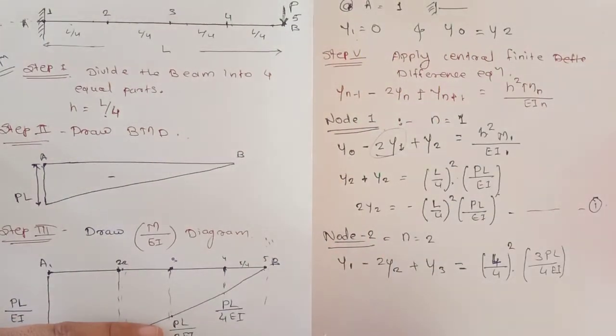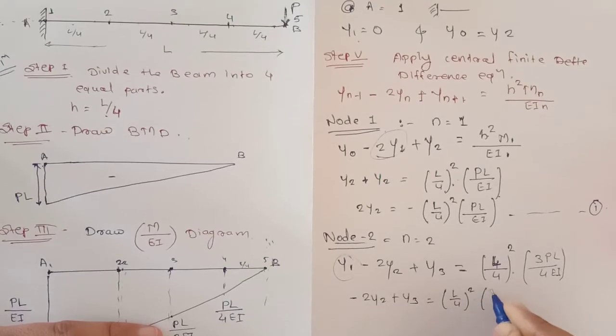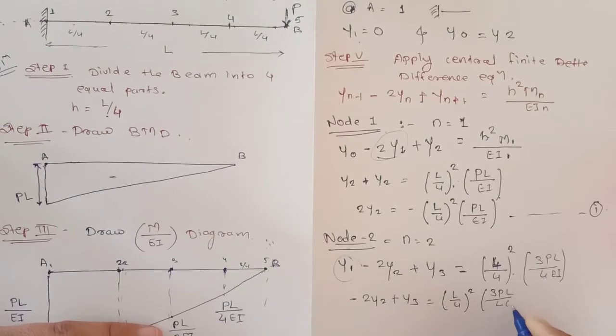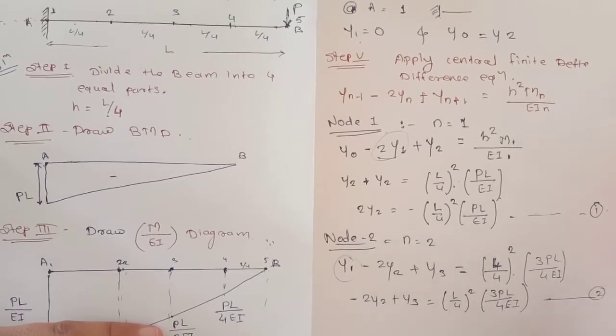So that's why this whole term is equal to 0. So the remaining equation is minus 2y2 plus y3 is equal to L by 4 square into 3PL divided by 4EI. Okay, so this is equation number second.